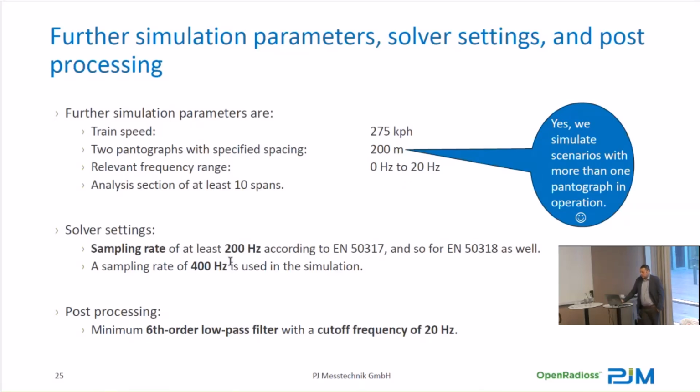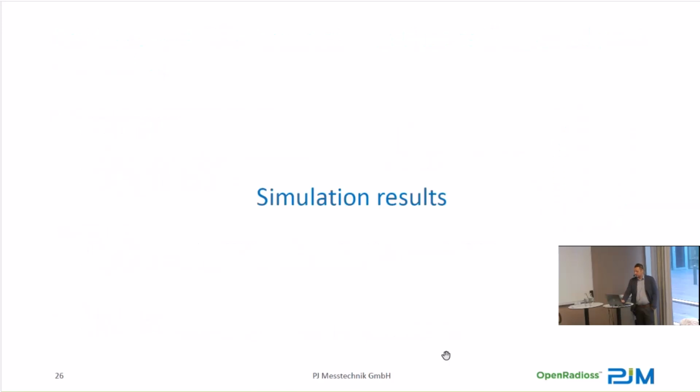The standard tells us we have to use a sampling rate of at least 200 hertz, and we decided to go for 400 hertz. In the post-processing, we then have to use a 6th-order low-pass filter with a cutoff frequency of 20 hertz. That's for the dynamic simulation.